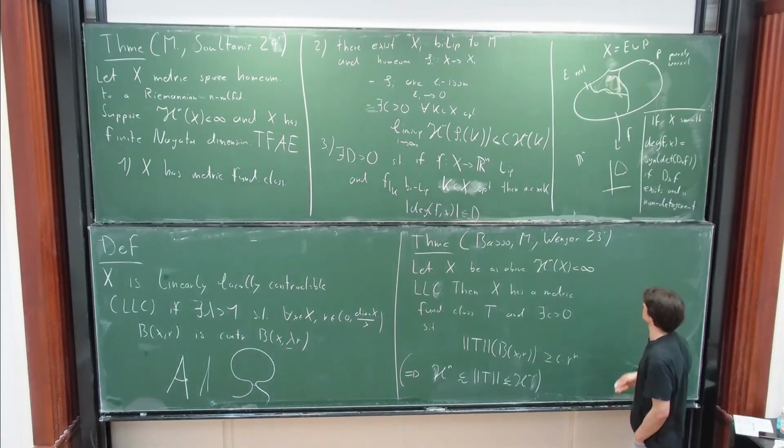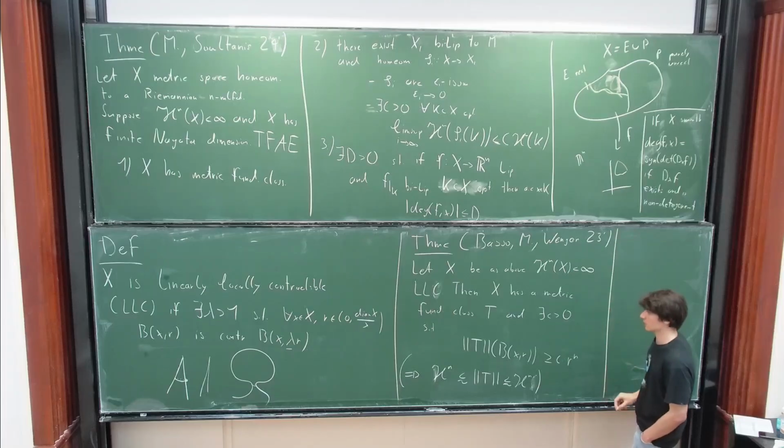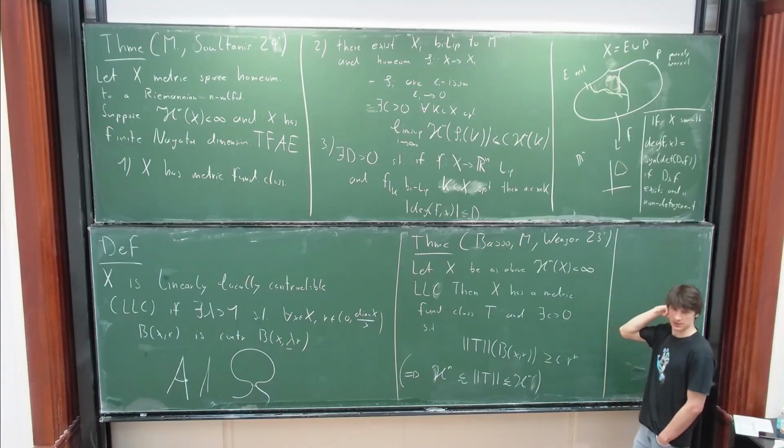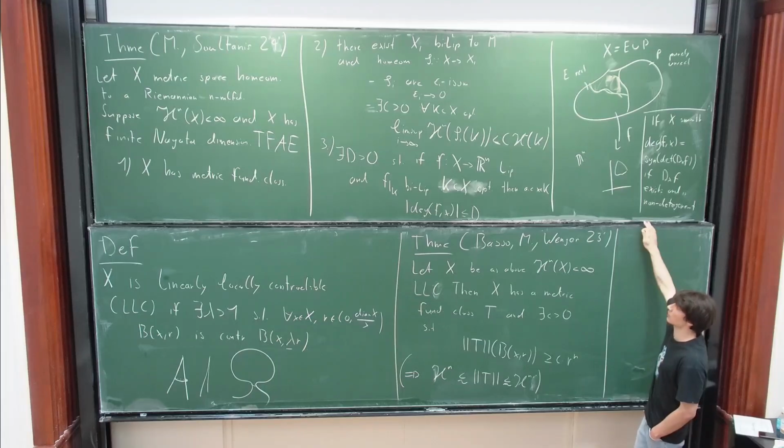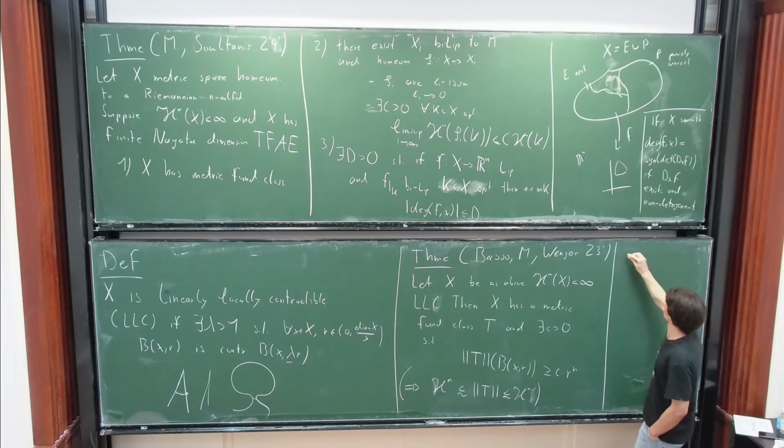And just as a corollary, so far I only explained to you when these objects exist, but I didn't really explain how we use them. So maybe just one small corollary. In this case we can conclude that X is rectifiable.